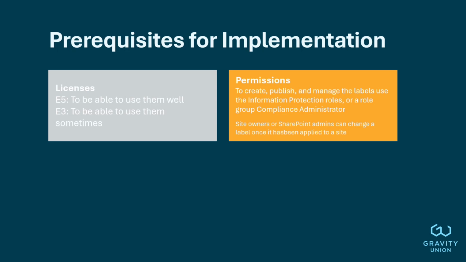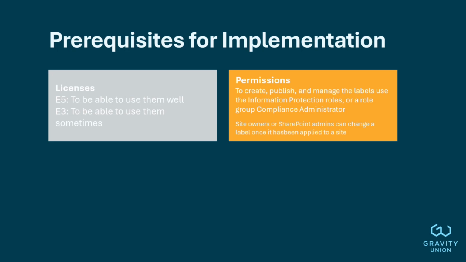As well, permissions should be very carefully configured for each area, and the labels can then help facilitate the restrictions on that. And then to be able to create and publish labels, there is a very specific Purview role group, the information protection roles, that the records manager, or the privacy officer, or the IT professional should have.